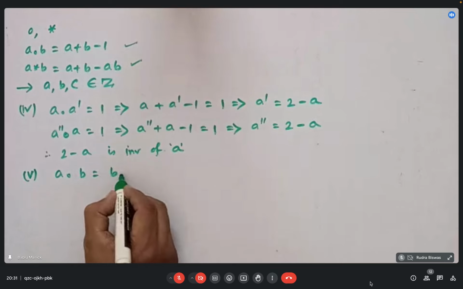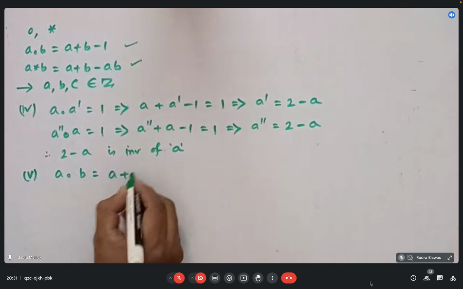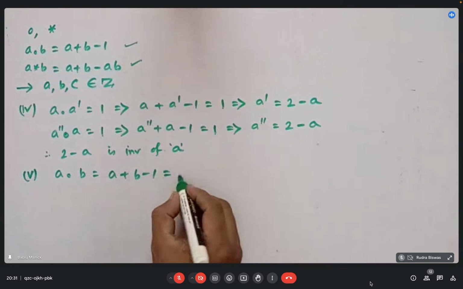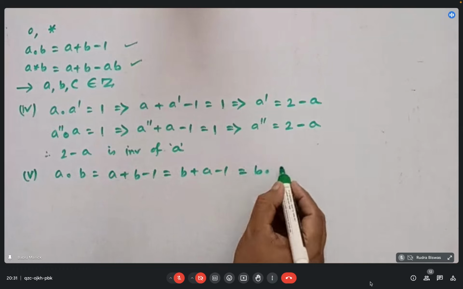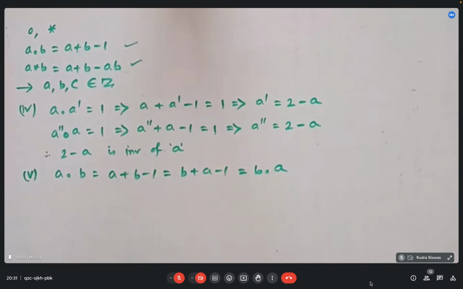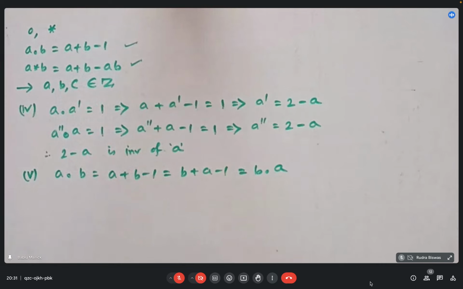A O B is equal to A plus B minus 1, so we can write it as B plus A minus 1, that is B O A. Therefore O is commutative. So under the O operation, a commutative group is formed.